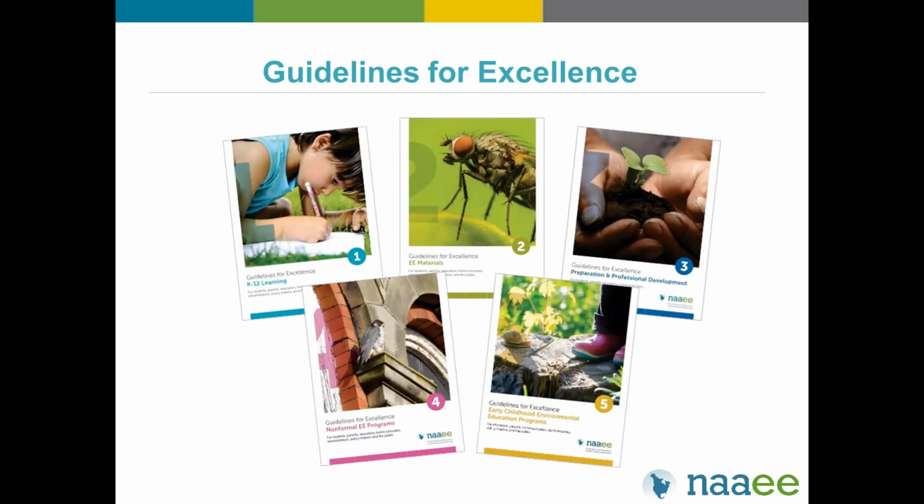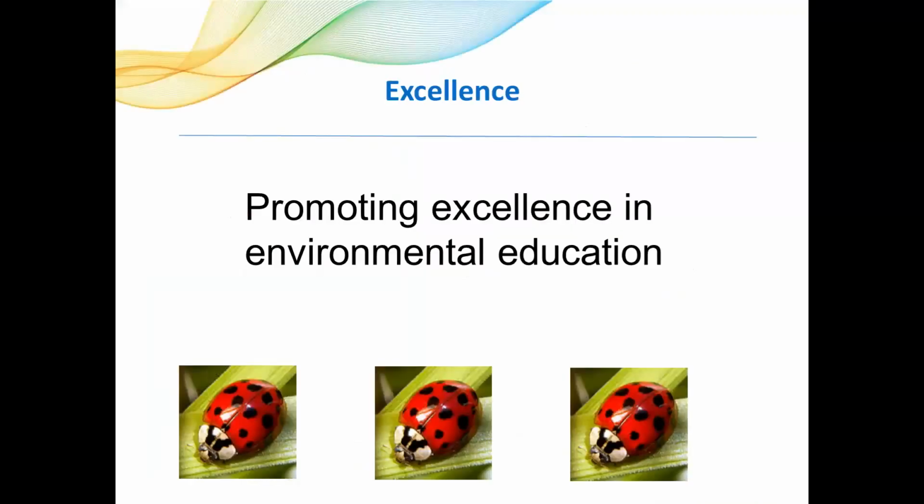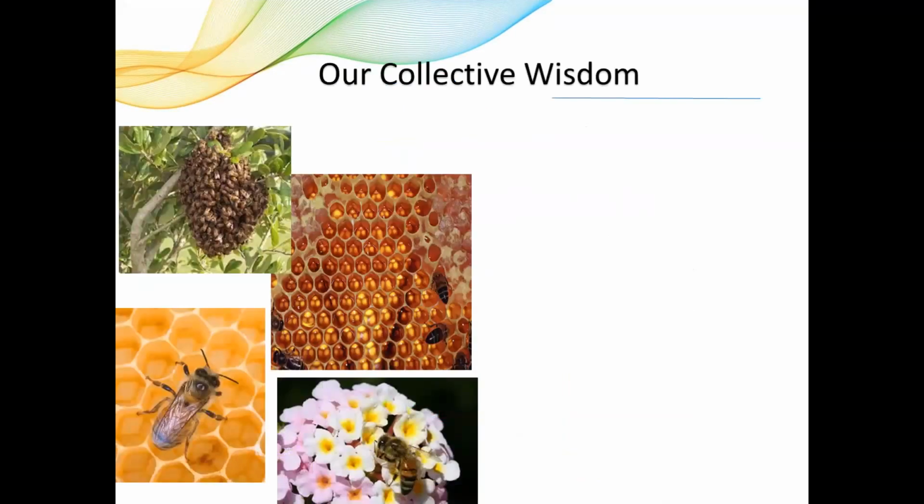Each set focuses on a particular aspect of our practice: learner expectations for environmental literacy, the development of quality instructional materials, thinking about ourselves, the environmental educator competencies, how to go about the development of non-formal environmental education programs, and finally, key characteristics of quality early childhood environmental education. It's all about promoting excellence in environmental education.